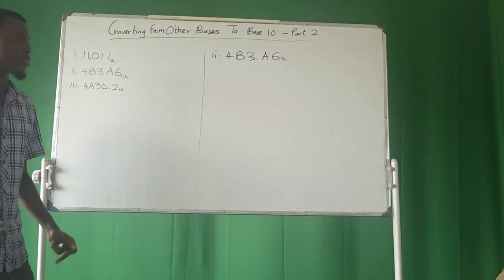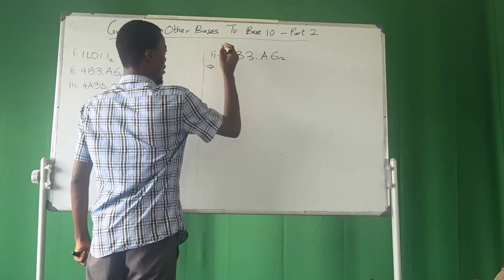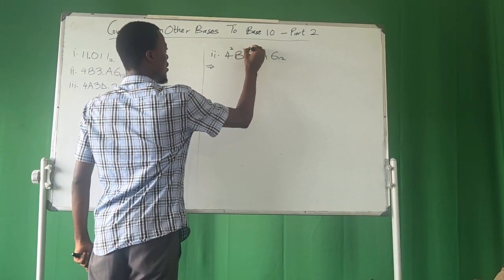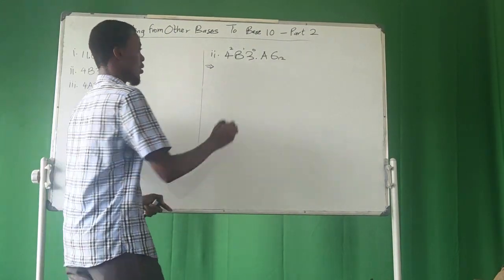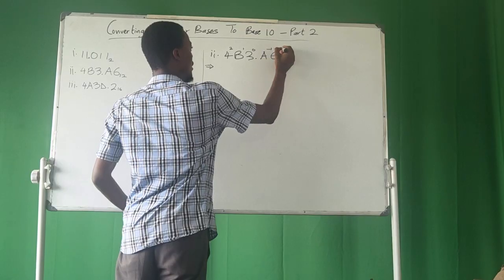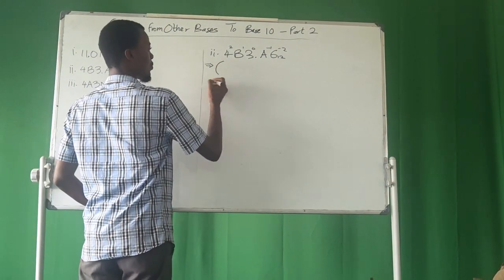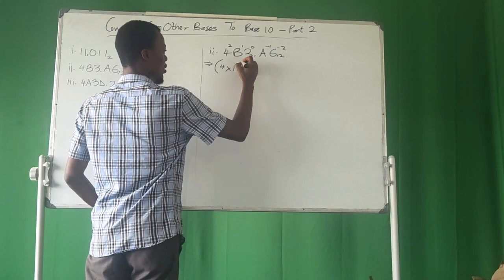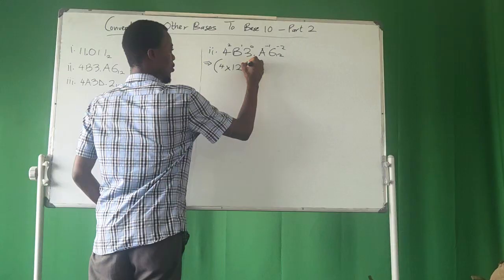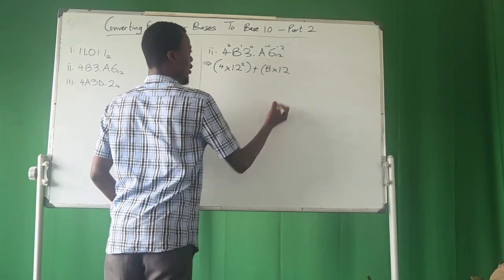The same approach: the powers are 2, 1, 0. Any number after the decimal point is negative, so we have -1, -2. So now we are bringing it here. We have 4 times 12 exponent 2, plus B times 12 exponent what?